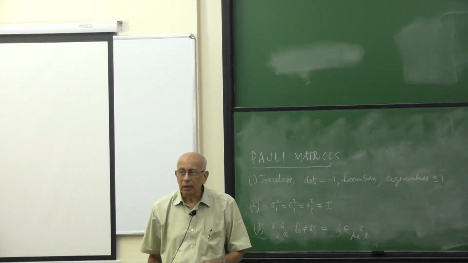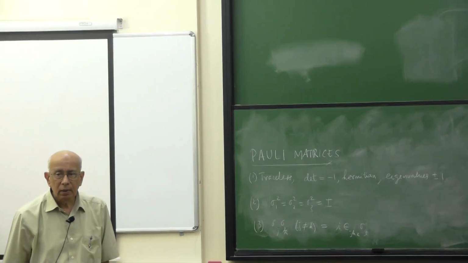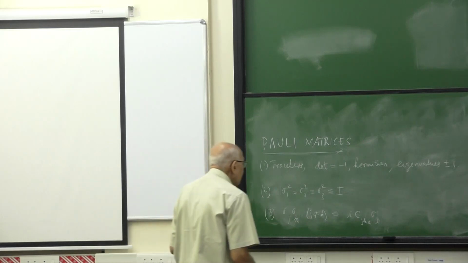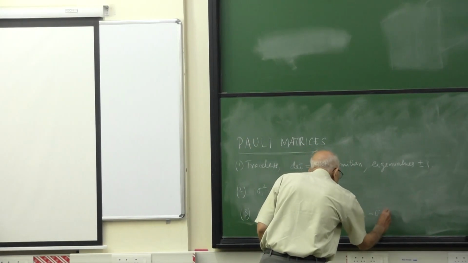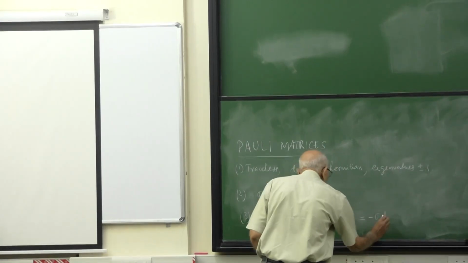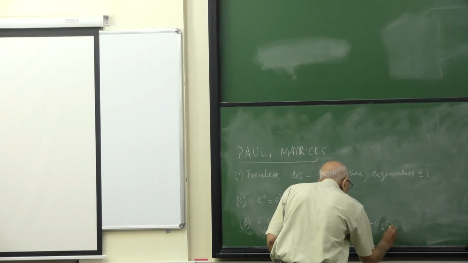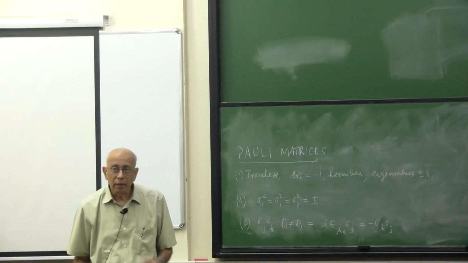Sigma 2 sigma 3 is i sigma 1, and so on in cyclic permutation. Which also turns out to be equal to minus sigma k sigma j. So sigma 2 sigma 1 is minus i sigma 3.